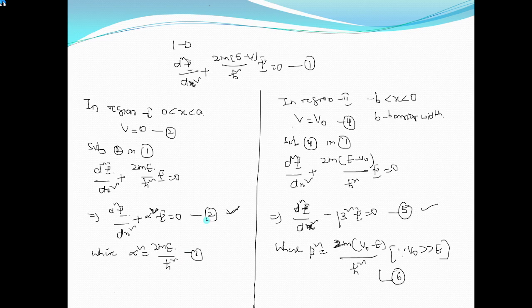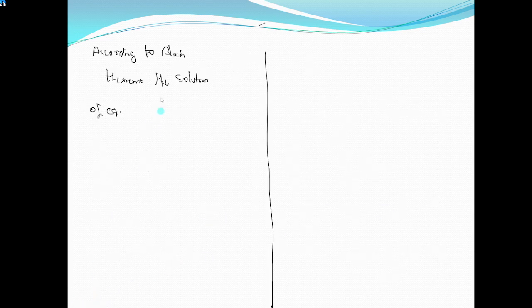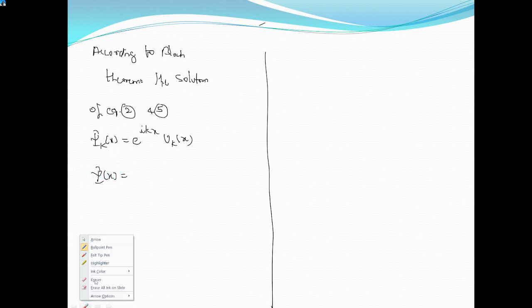This is equation number 2 and this is equation number 5. So according to the Bloch theorem, the solution of equations 2 and 5 can be written as psi k(x) is equal to e power ikx u_k(x). So I'll write this as psi(x), or otherwise you can write it as, so it is a function of x, we know that.